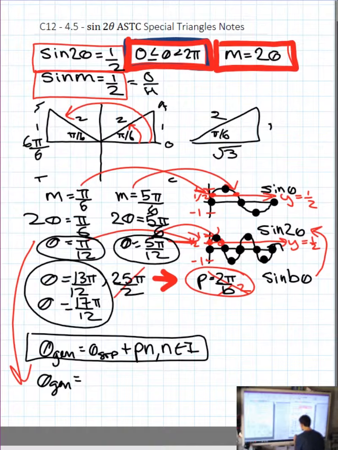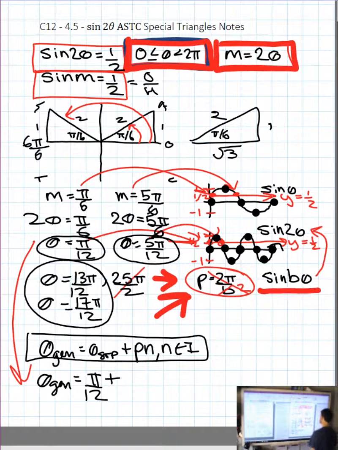So my first theta in standard position from the arrow in red I just drew is pi over 12, plus P. Now what was P? I just figured out my period earlier by writing the formula P equals 2 pi over b, having a b value in the general equation, sine b theta, dividing by 2 and simply getting pi. So I say pi n, comma, n an integer.